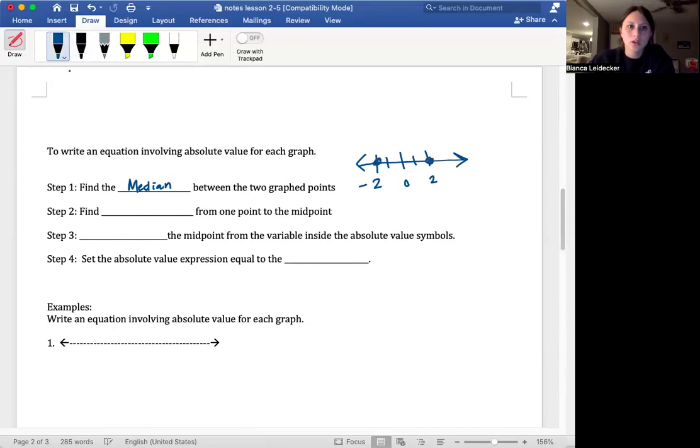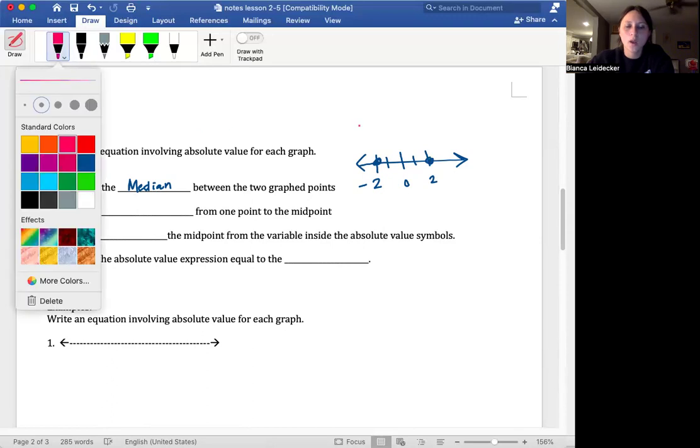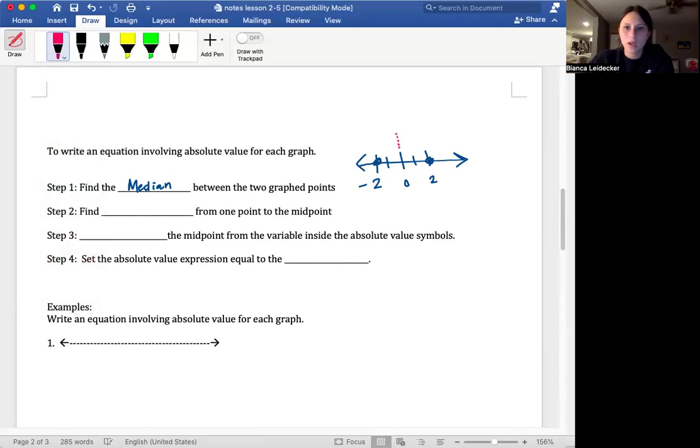You are going to be looking for where is the middle. One way to find the median is by just counting out that both points have to be equal distance from the middle. So -2 is 2 away from the middle here, 0, and +2 is 2 away from 0. So the median is at 0.